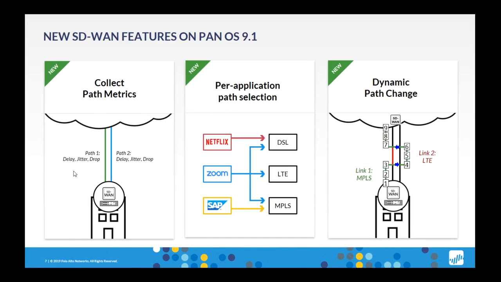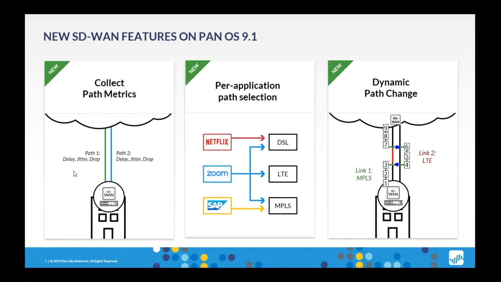With NGFW and Palo Alto, this has been made possible with policy-based routing and with SD-WAN features. Either it is packet routing or no routing at all when it comes to cloud-based applications, but with the SD-WAN features it is application-based routing, that is, per application path selection.